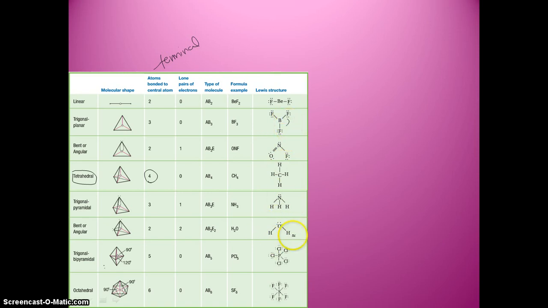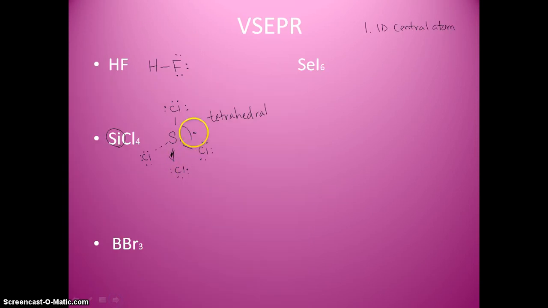But when we're talking about a bent molecule, these 2 here are going to be 104.5, and this one here and our tetrahedral structure right here are going to be 109.5. So you need to make that correction in your notes. Sorry about that. So this is tetrahedral, so this is 109.5, and that would be the answer there.